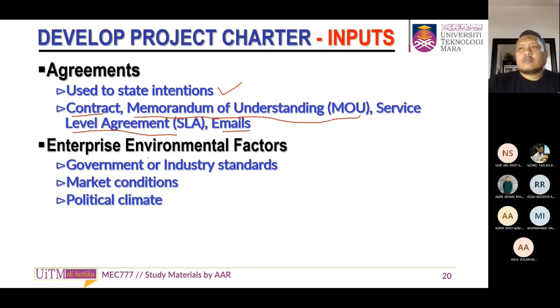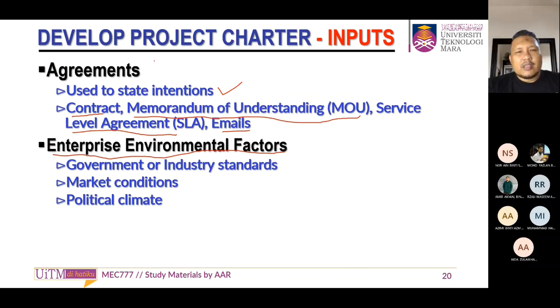Okay. And then, in terms of enterprise environmental factors, the inputs, these are all inputs. These are documents that we need when we develop the project charter. We must have the agreement, a statement of intention, what we intend to do for this project, and then we must have the contract, and the inputs of the MOU if we have.